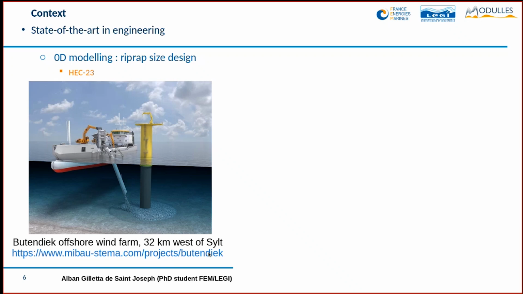You can see on this picture how we implement such a riprap. We have to deploy a lot of means, boats that carry rocks, and place them all around the pile. So it is a very huge work to do.